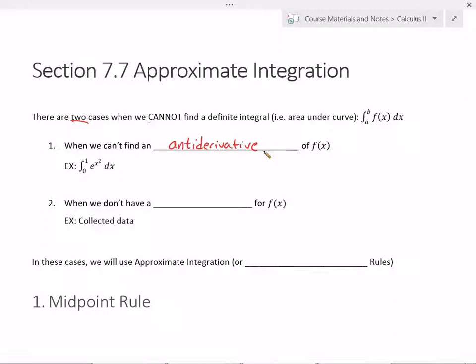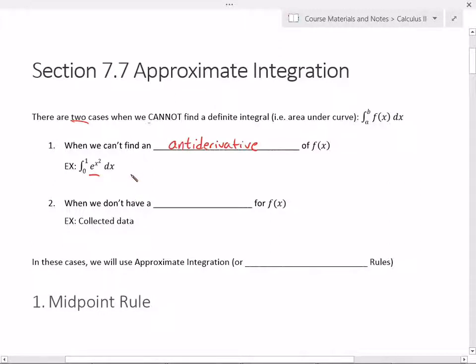I mean, there are problems where there is no antiderivative. This right here is a perfect example. There is no closed form simple function whose derivative is e to the x squared. It doesn't exist. In fact, we've proven mathematically that it doesn't exist. So you cannot find that.